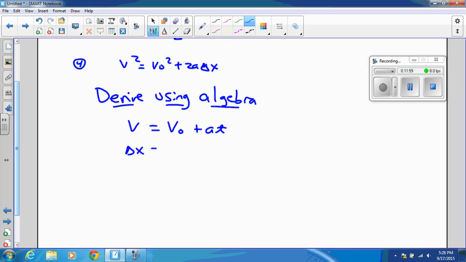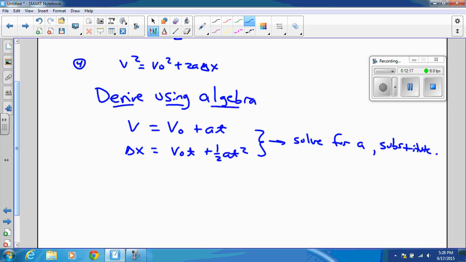We start with our two equations, v equals v0 plus at, and delta x equals v0t plus 1 half at squared. If I solve these two equations for a and substitute into the other one, then poof, out comes delta x equals v plus v0 over 2 times t.